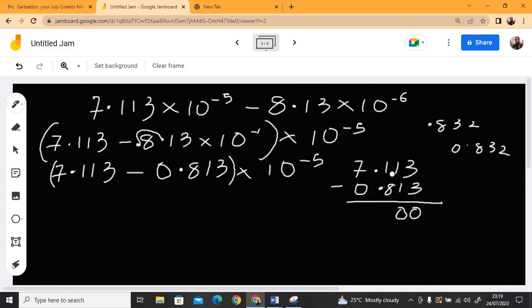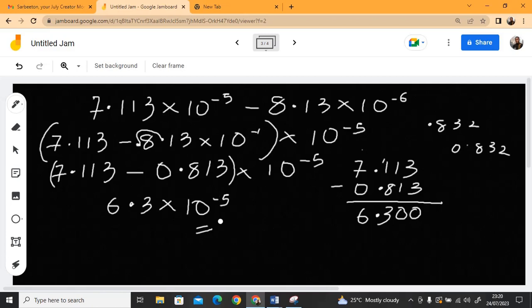You borrow 1 from here, bring it here, that is 11. 11 minus 8, that is 3. Then 7 minus 1 is 6. So that is 6.300. It's the same thing as saying 6.3 times 10 raised to the power minus 5. That is the final answer.